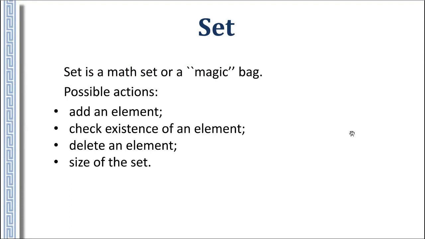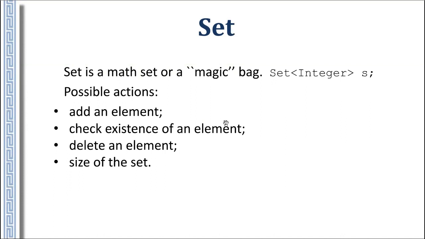So we look into our bag, looking for some ball with a specific value. Third, delete an element from the set. So we remove a ball from the bag with a specific value. And fourth, check the size of the set. So we check how many balls we have in the bag.